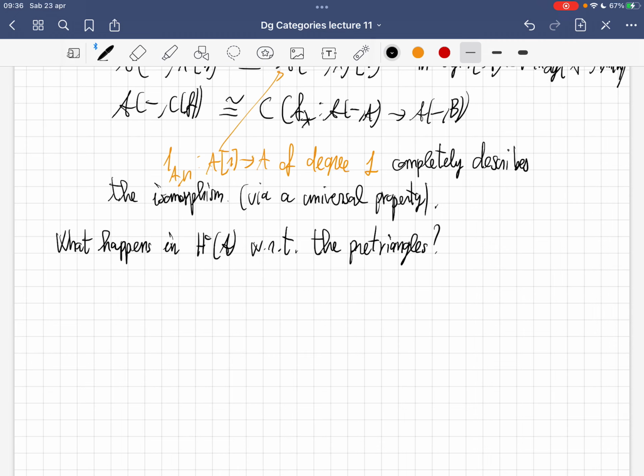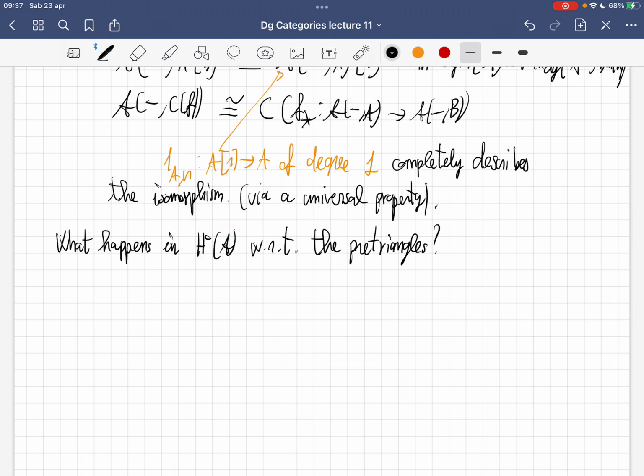It turns out that one can prove some interesting, useful properties about these pretriangles, about shifts and cones, just reasoning inside this homotopy category.